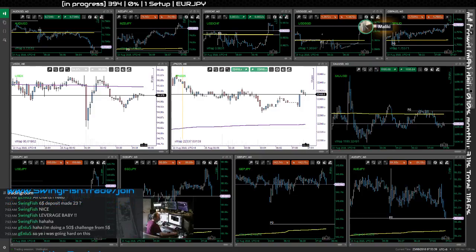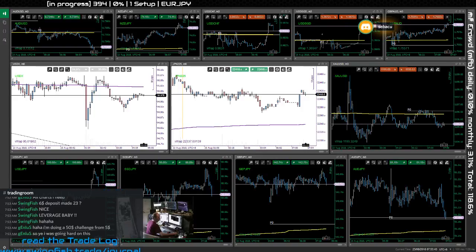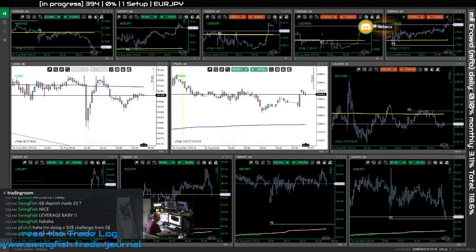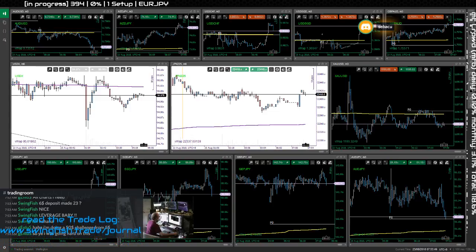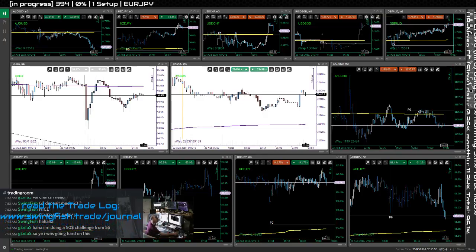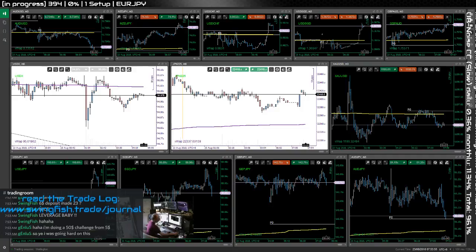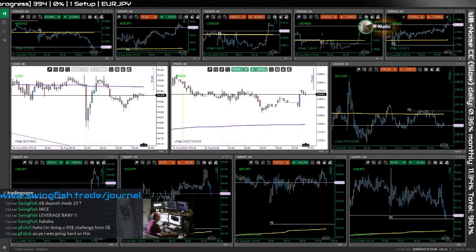The short. Long. What goes against me? Seems so. Let's see. We'll wait a bit more. It's not too strong on that last little bit.